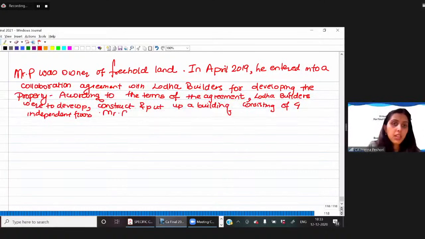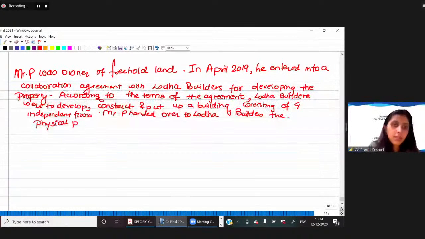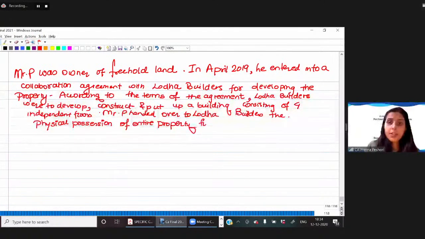Mr. P handed over to Lodha Builders the physical possession of the entire property for the limited purpose of development.